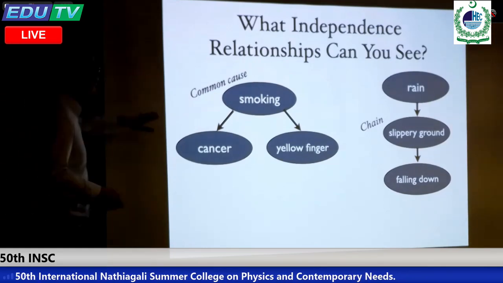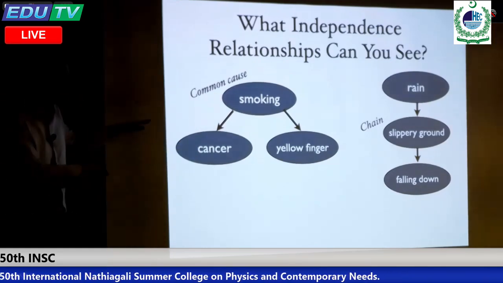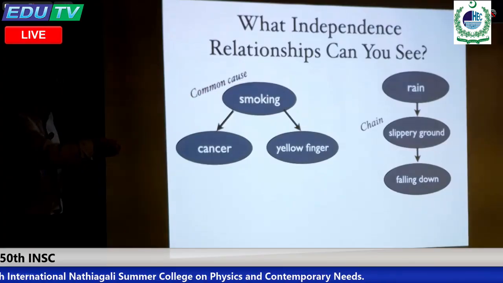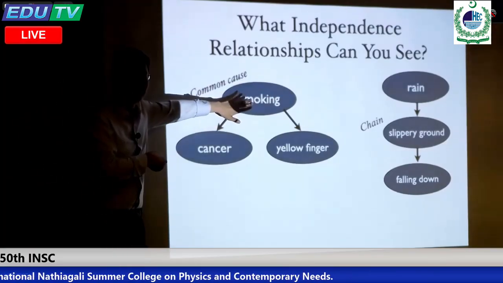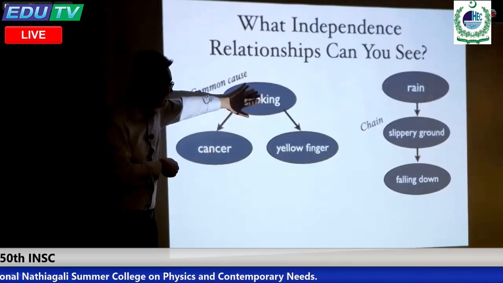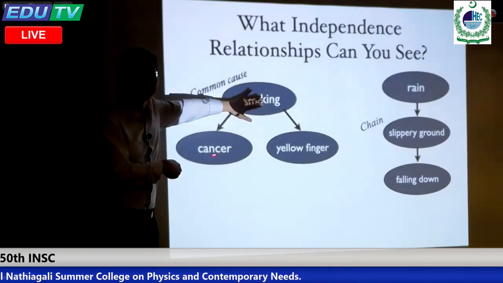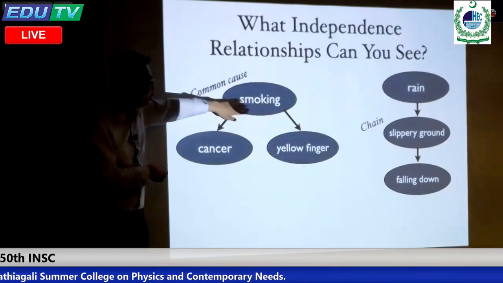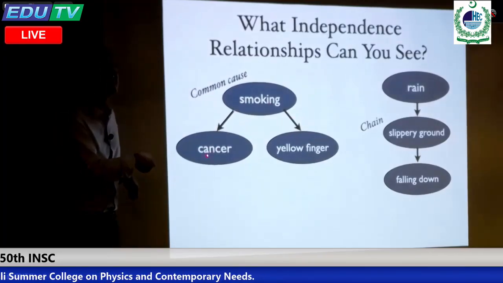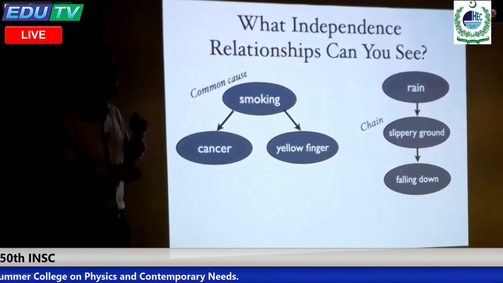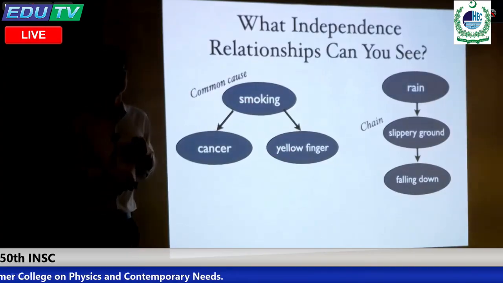So now, suppose this is the truth. Let's just follow this representation. If you fix smoking, right? If you fix this value, then they are not related at all, right? If you fix this one, then this is the only way for them to be related, right? So they are conditionally independent because for a fixed value of smoking, they are independent.